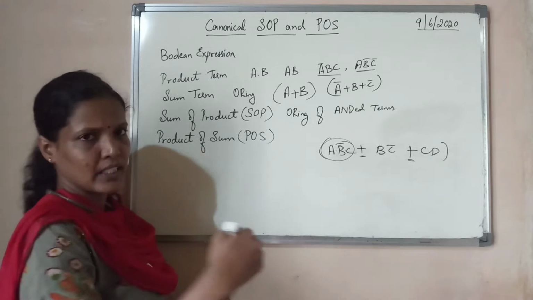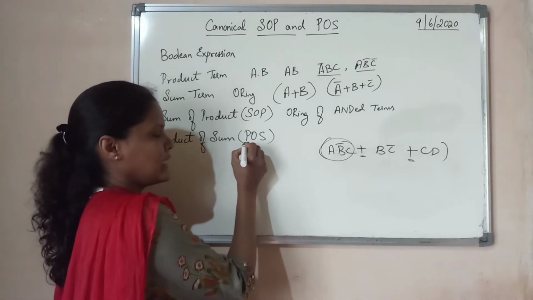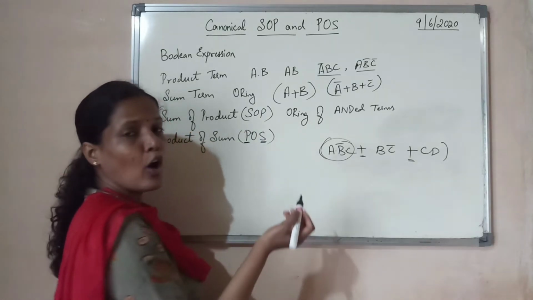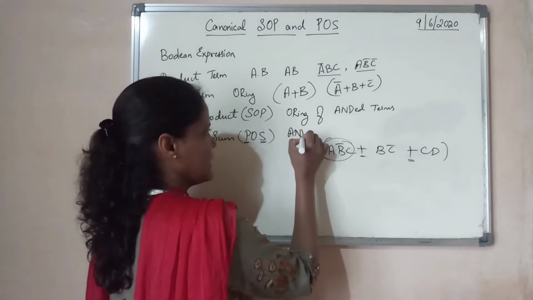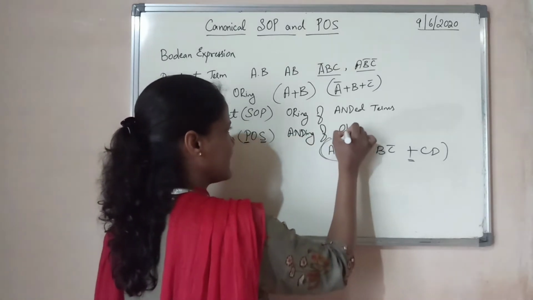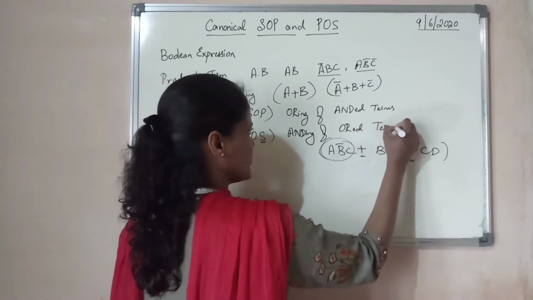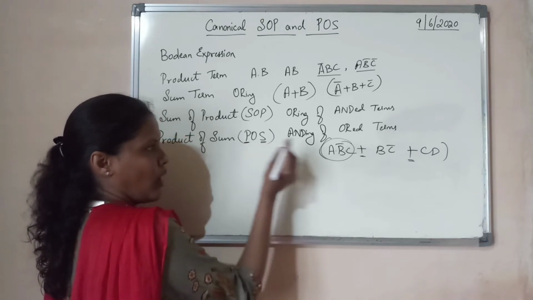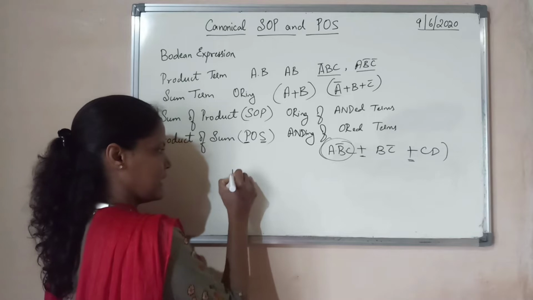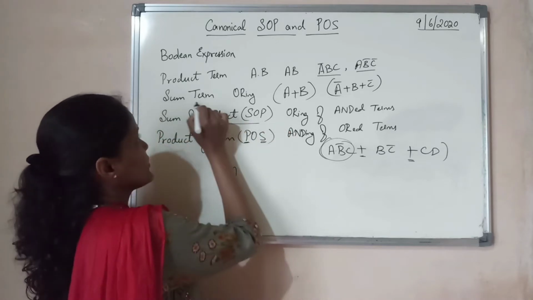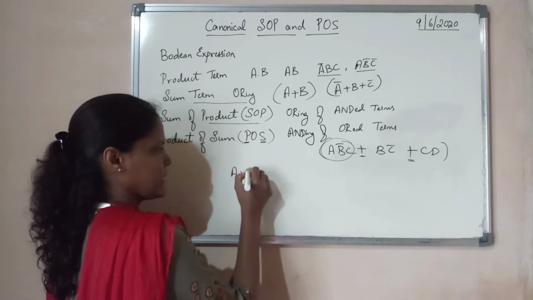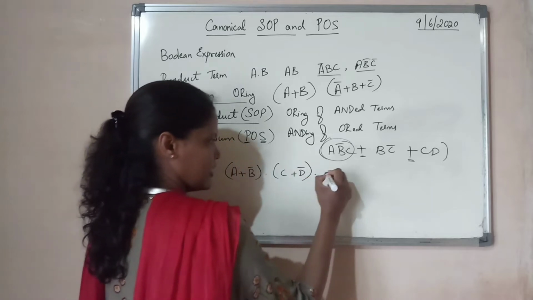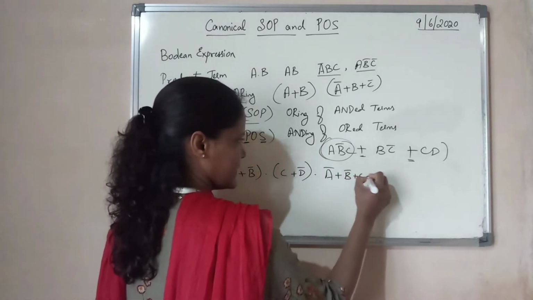Product of sums is the product of the sum terms, or the ANDing of the OR terms. Looking at an example of ANDing of OR terms: the sum terms (a plus b bar) dot (c plus d bar) dot (a bar plus b bar plus c plus d).